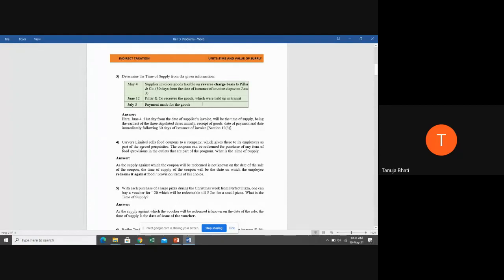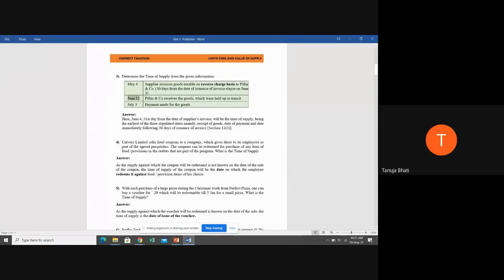Now, first and foremost, you need to understand whether you have to see time of supply for goods or services. In this case, we have to identify the time of supply for goods, which is covered under section 12. It is clearly given as reverse charge basis, so section 12 subsection 3. Under section 12 subsection 3, which are the three dates that you need to compare? Number one, the date on which the goods are received, that is June 12.